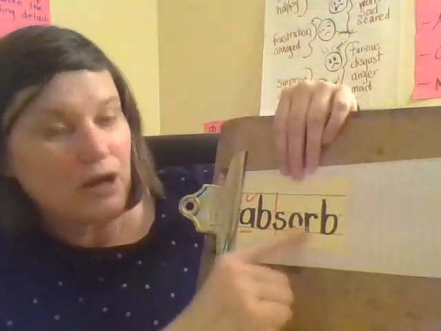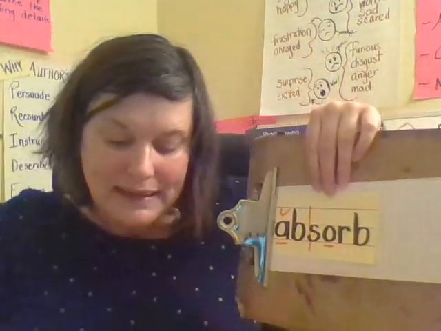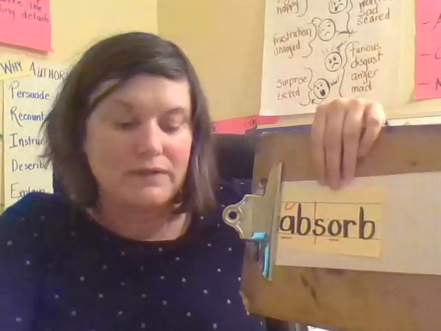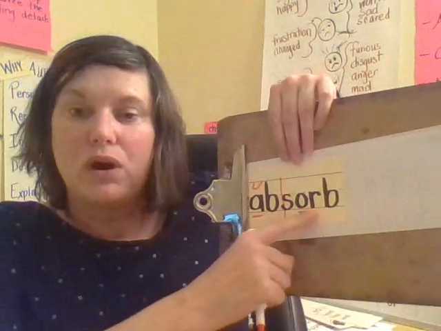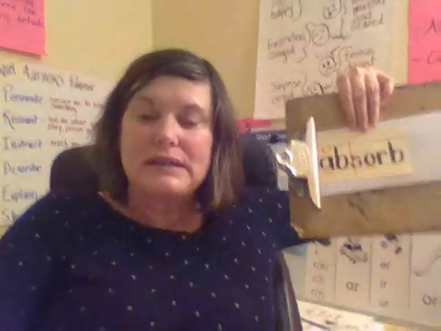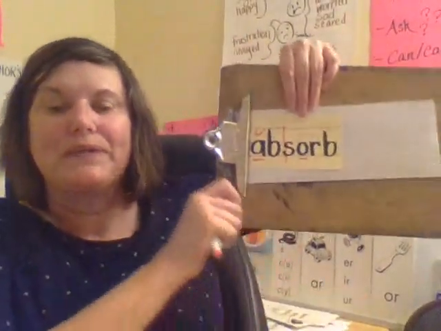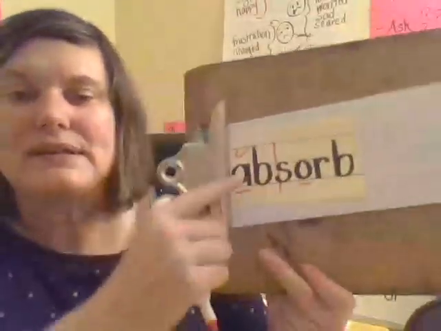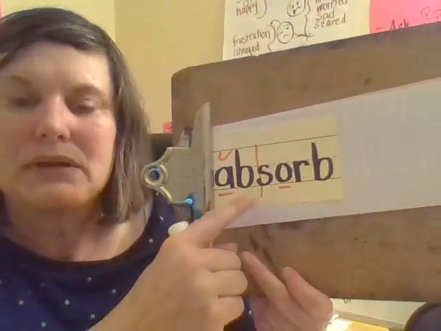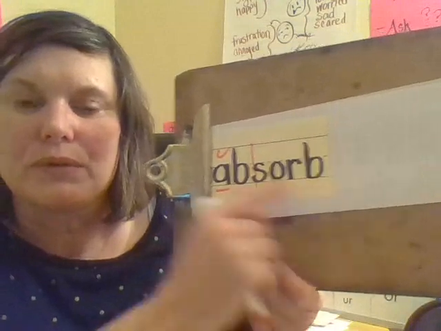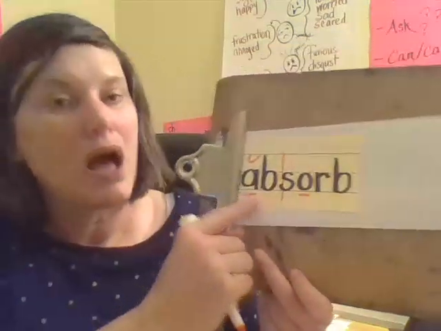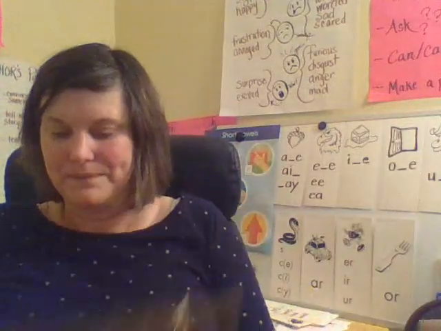But OR is actually one of our R-controlled vowels. And we know OR says or, just like the fork. Okay, so let's read this. Absorb. The sponge will absorb the liquid. Good job.